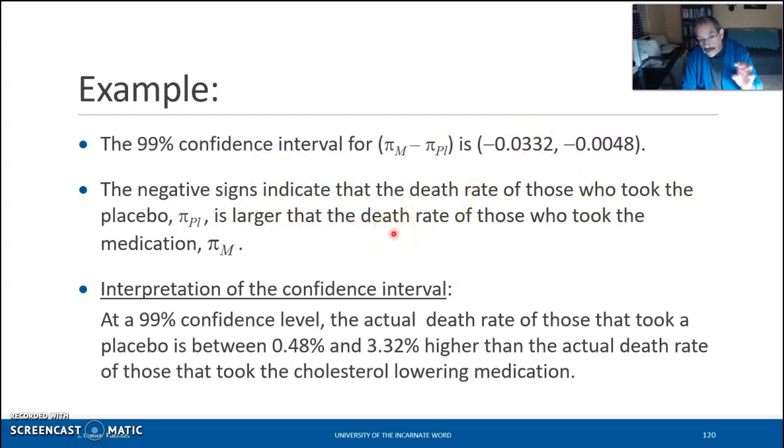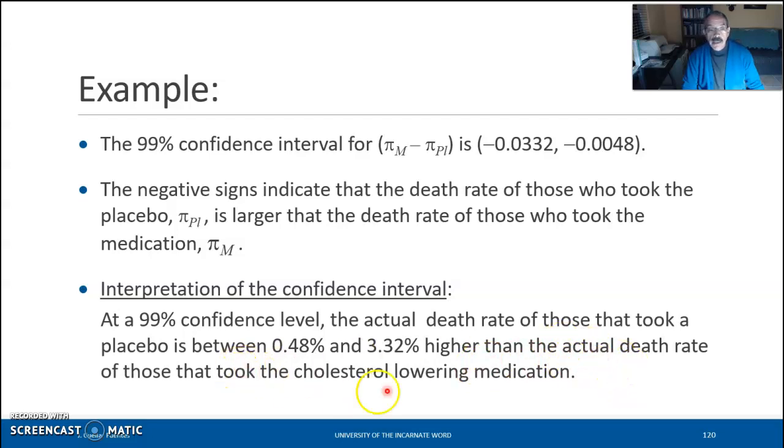So, with that knowledge, we can interpret the confidence interval in a more meaningful way. We can say that at a 99% confidence level, the actual death rate of those who took a placebo is between 0.48 and 3.32% higher than the actual death rate of those that took the cholesterol-lowering medication.